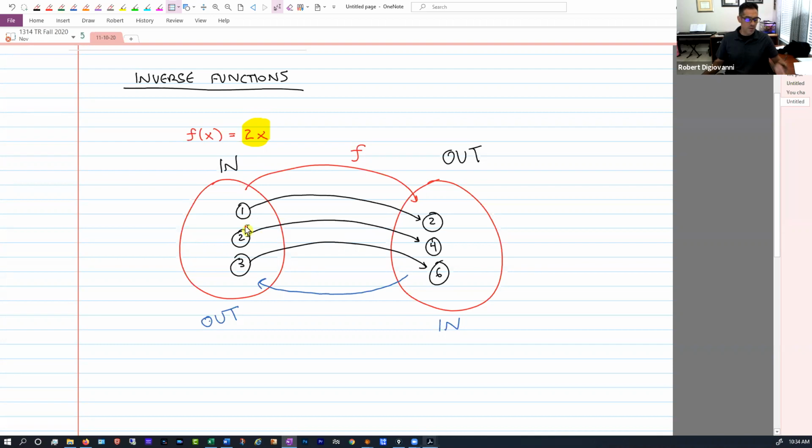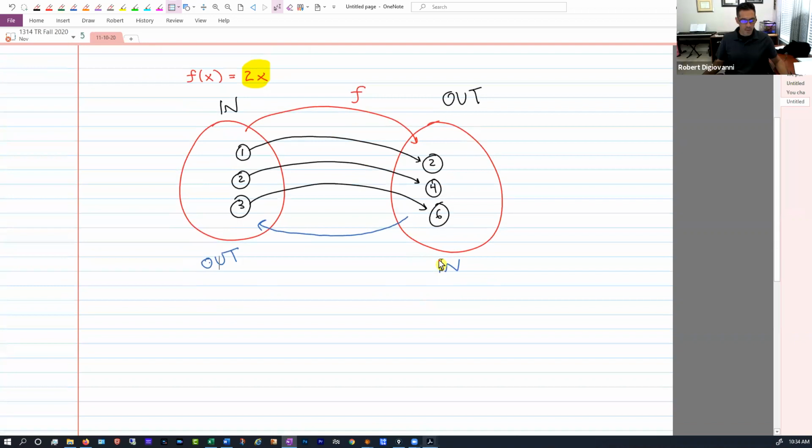So if the direction from the left to the right is doubling, we're doubling to get from the left to the right. To go backwards from right to left, we would have to do what? Divide. Cut it in half, wouldn't we? We'd have to take whatever this is and cut it in half. So I could write that function, and watch the way I write this. f with the little -1 up here, and I could say 1/2 x.